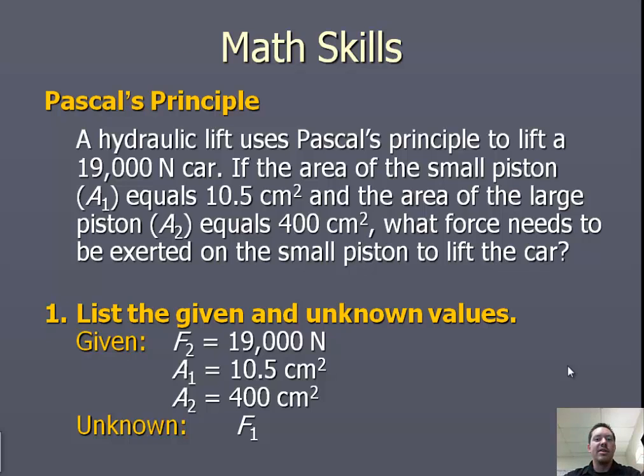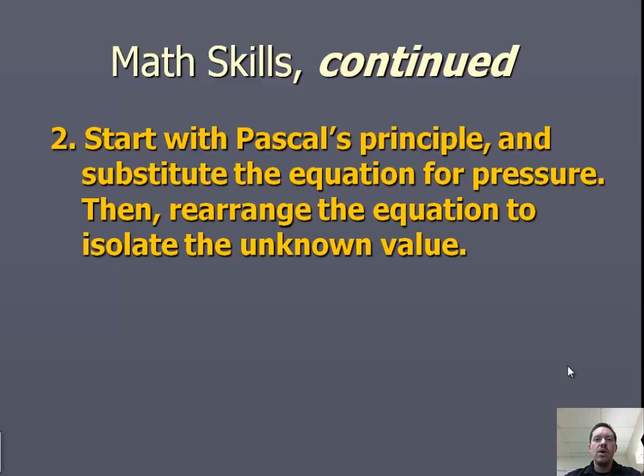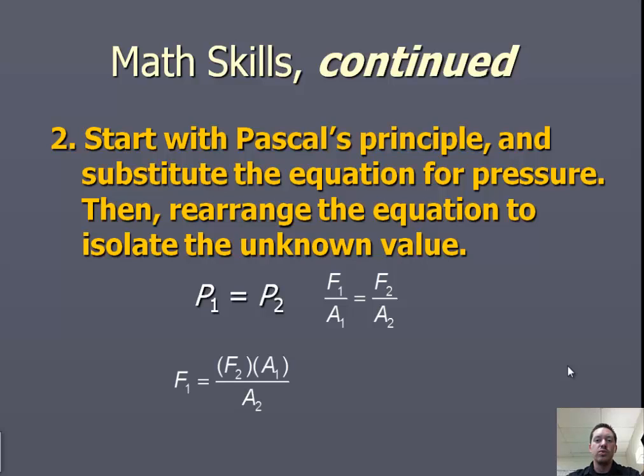So we're going to start with Pascal's principle, substitute the equation for pressure, then rearrange the equation to isolate the unknown values. So we said that pressure 1 is equal to pressure 2. We can rearrange that to say force 1 divided by area 1 is equal to force 2 divided by area 2. Or we can rearrange the equation to solve for what we want. We want to solve for force 1.